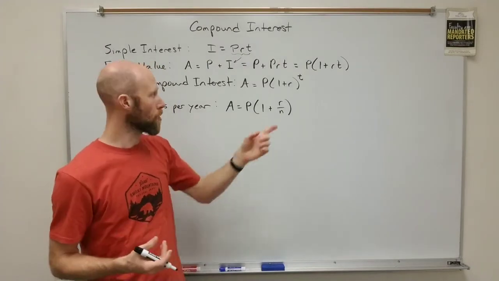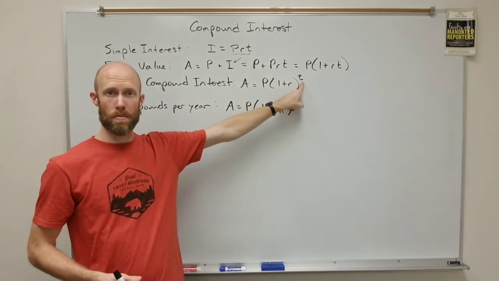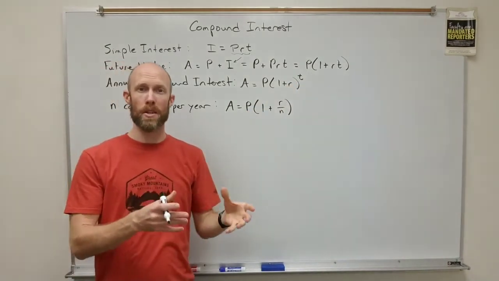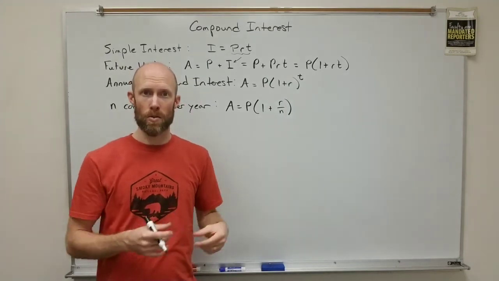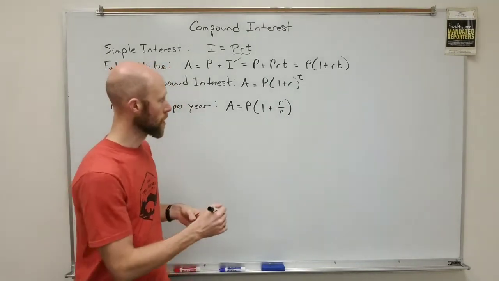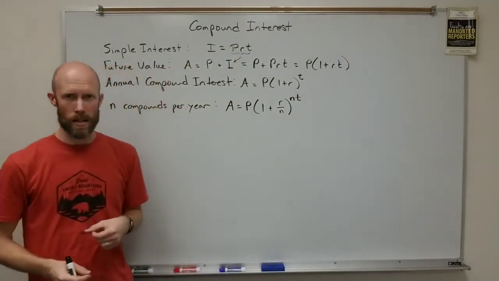And so what you end up with is multiplying the t by the number of compounds, because the exponent should be the total number of compounds that existed over the lifespan of that account. So you would want n times t in the exponent.